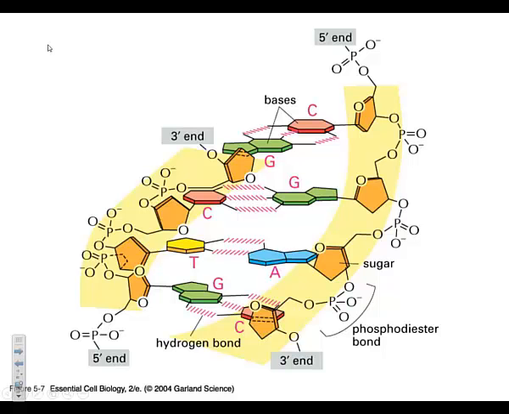Yep, so only, at any one time, only a subset of all the genes in the genome are actually being expressed. It takes a lot of energy to go through this process of converting the information in a gene to a protein. And so different genes are turned on in different cells. And we'll talk about that later when we get to the control of gene expression in Chapter 8.